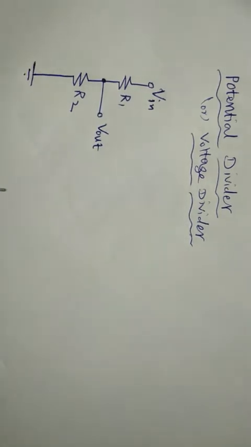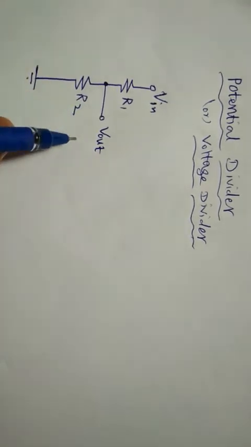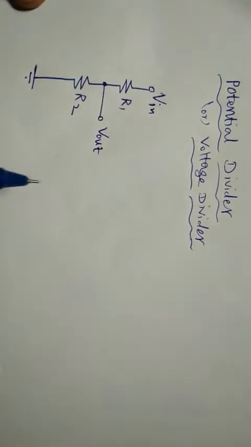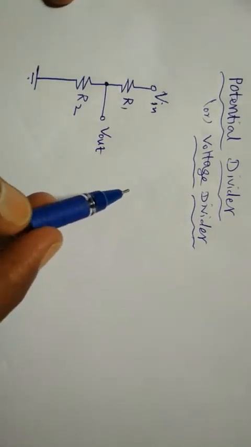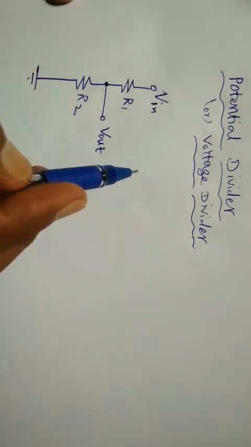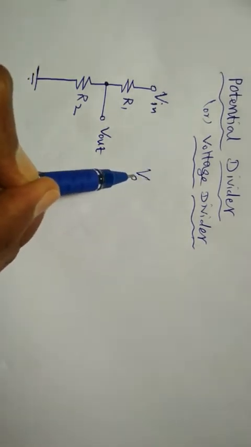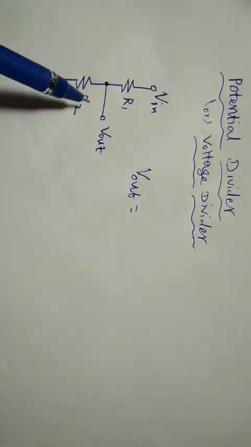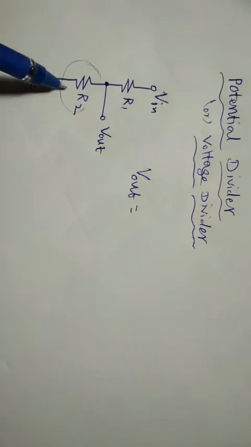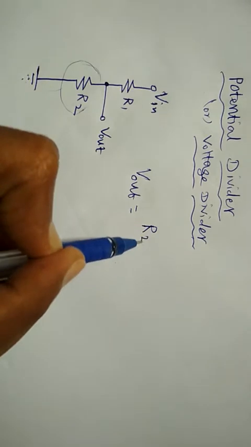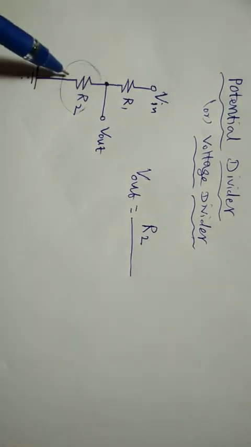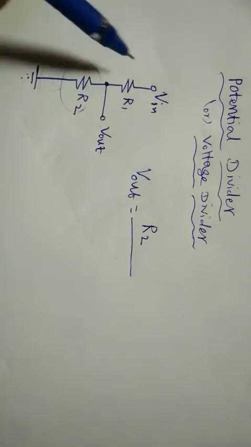Now we will see how to solve for Vout from this potential divider. We have to follow a simple logic: Vout, the output of the potential divider, is always the component which is directly connected to ground, divided by the addition of the components involved in setting up this potential divider.